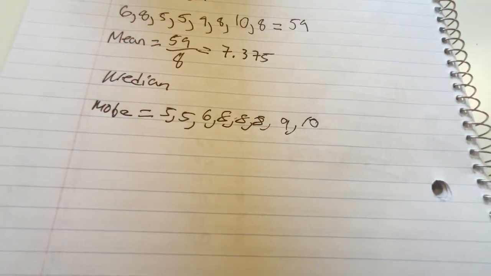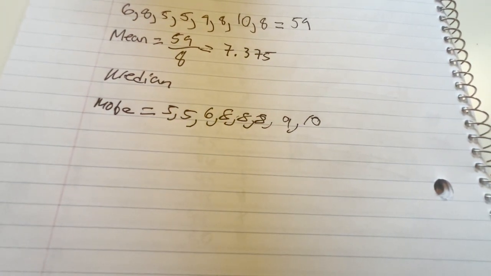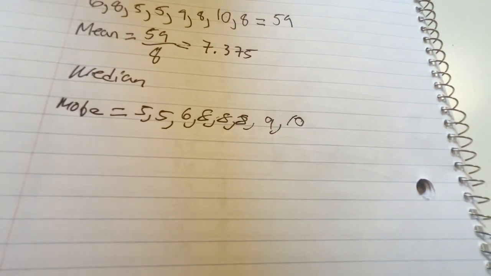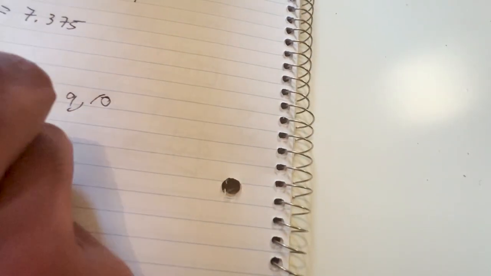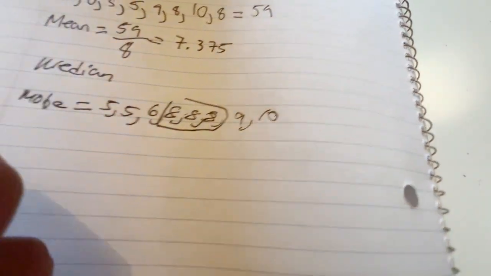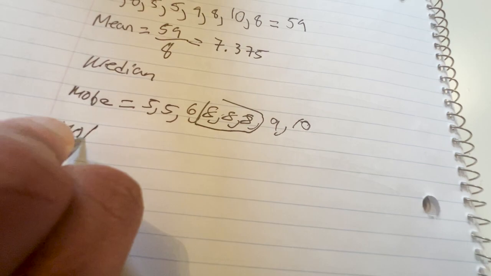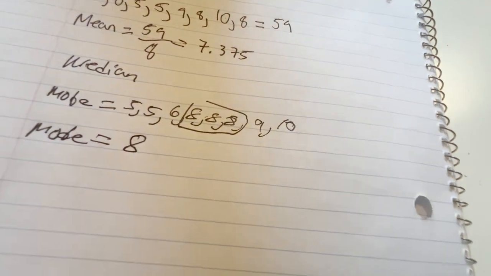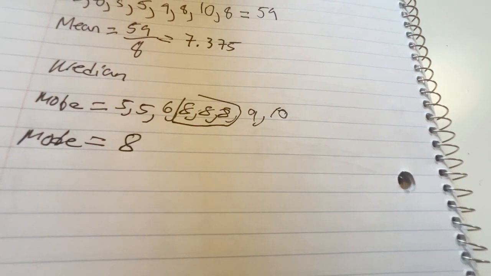So if we're looking at these numbers here, which number appears the most frequently? You can pause the video to tell me the answer. It's very obviously 8, as we see 3 times here. So the mode of that data set would be 8, as it appears 3 times, having the highest frequency.